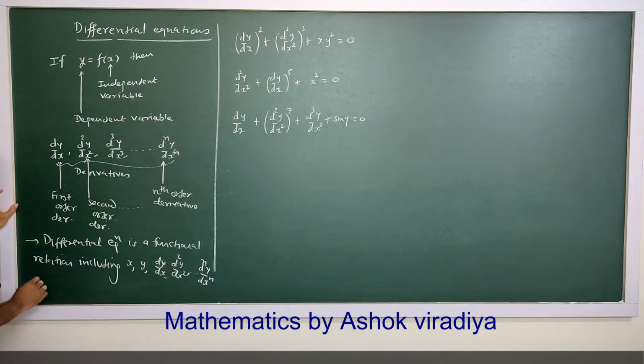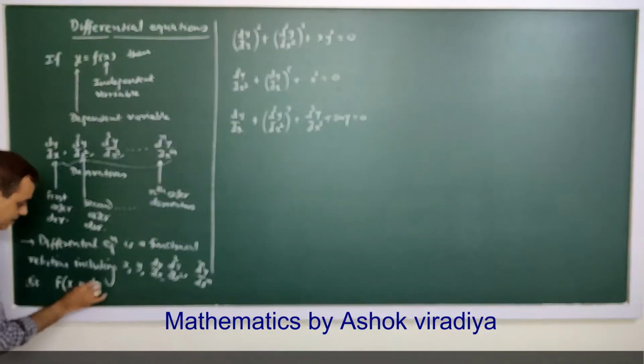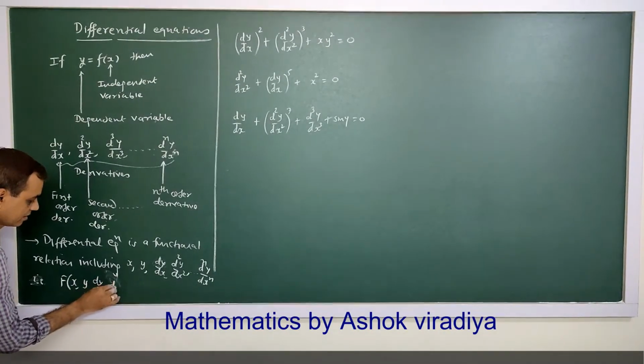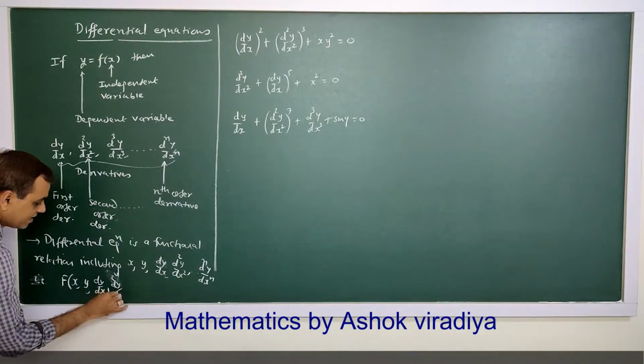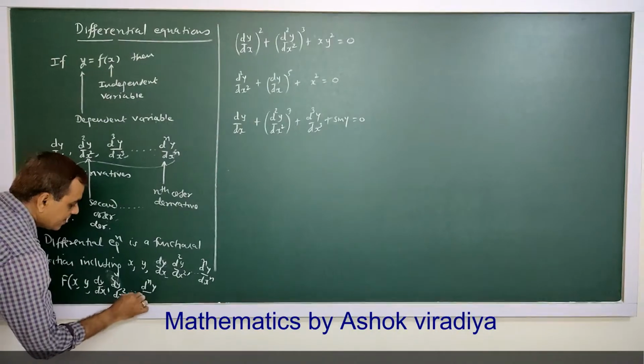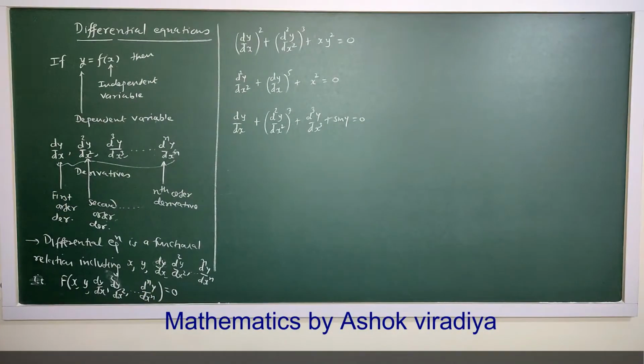That is, a functional relation containing x, y, dy by dx, d square y by dx square, d n y by dx n equal to 0.